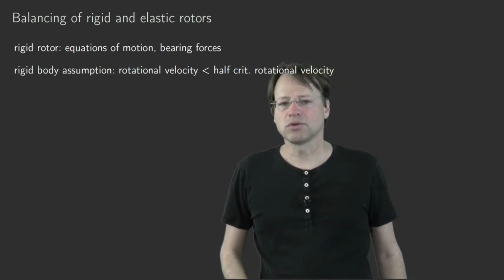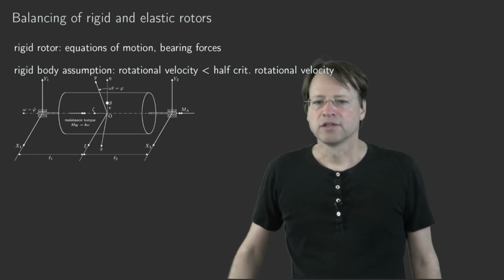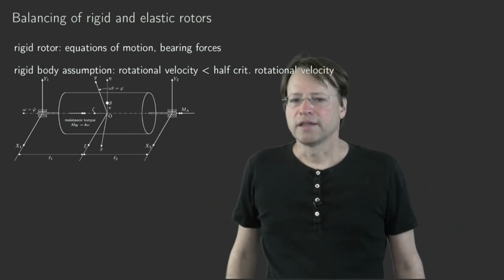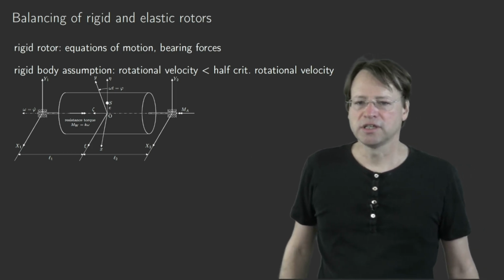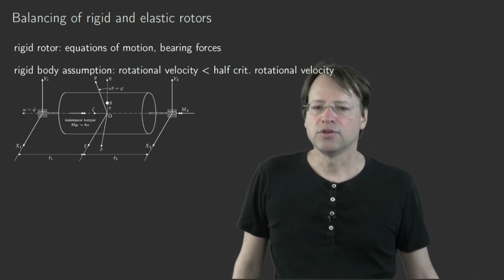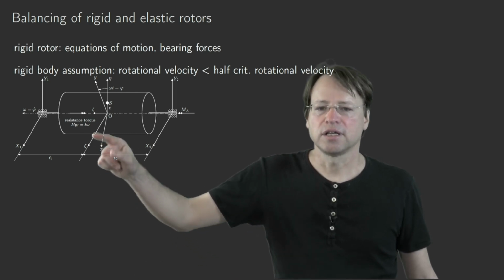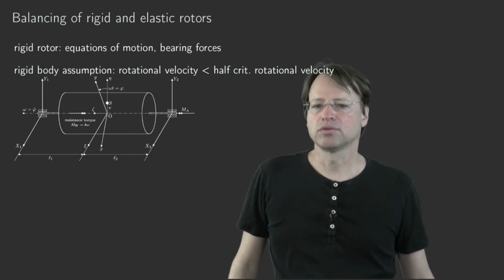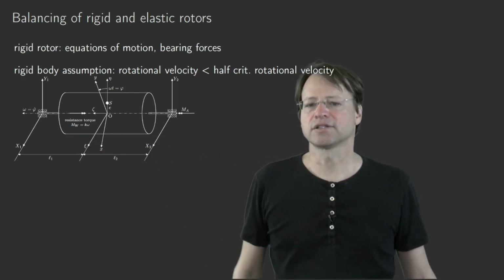Now let's have a closer look at that rigid block of mass. So here you can see it. This is the rotor. The coordinate system has now slightly been changed here. You can see that there is the x-axis and the y-axis pointing in the vertical and the lateral direction, and now the z-axis is the axis of rotation.